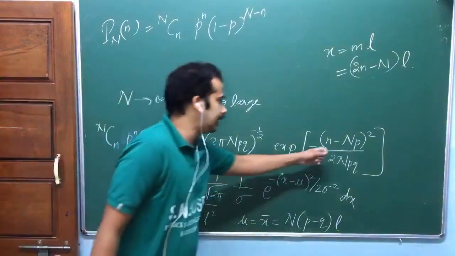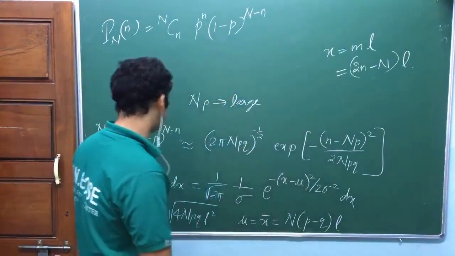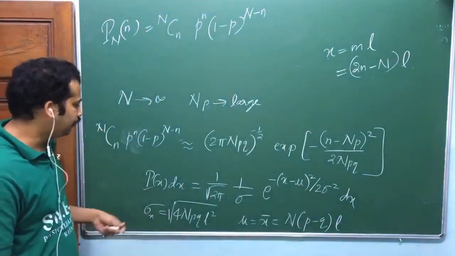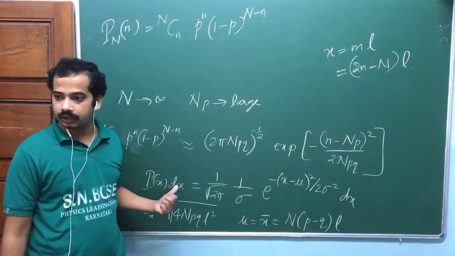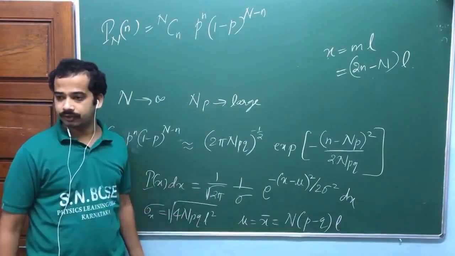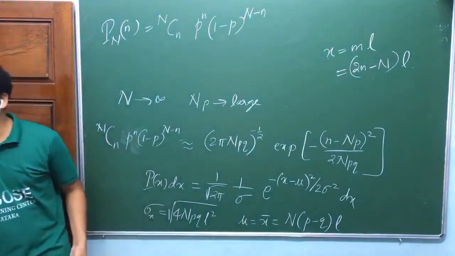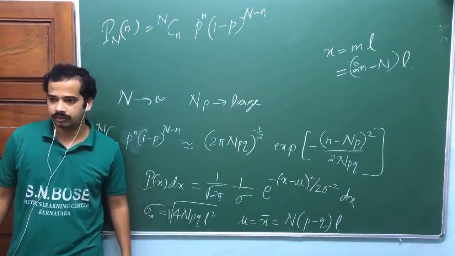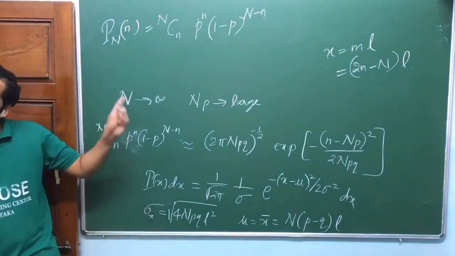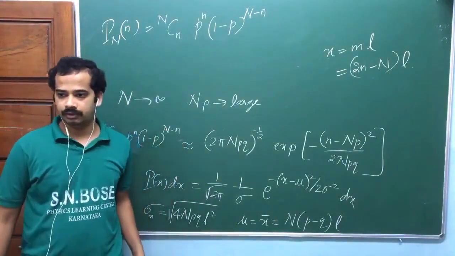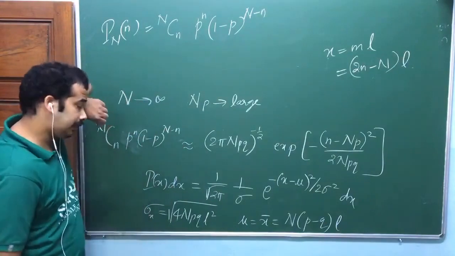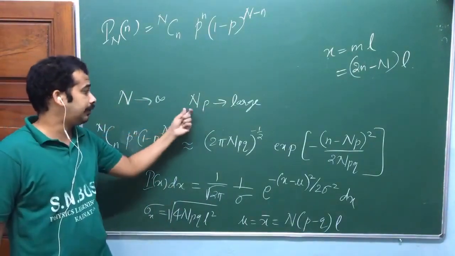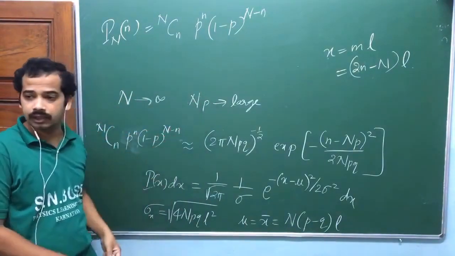It was in terms of n, but he converted into x actually, because we don't count numbers now, okay? Once it is a continuous distribution, our steps are not discrete in terms of L now. It is almost continuous. Is that okay? We have taken a very large number of steps, and our average is also very large, the average number of steps to the right, everything is very large.